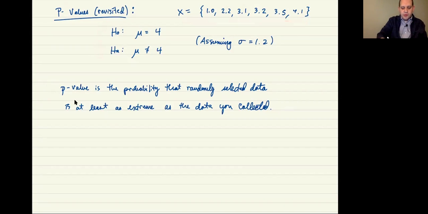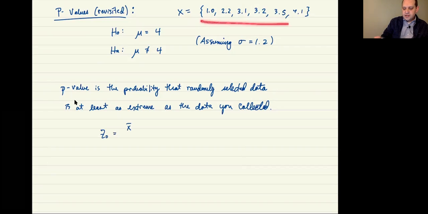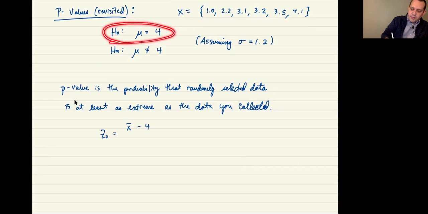We're going to remember how to compute the standardized score, the formula we talked about in chapter 9. The standardized score, which we call z naught, is the sample mean, x bar, the mean of these 6 data points, minus the population mean, assuming the null hypothesis is correct. So we say the mean is 4.